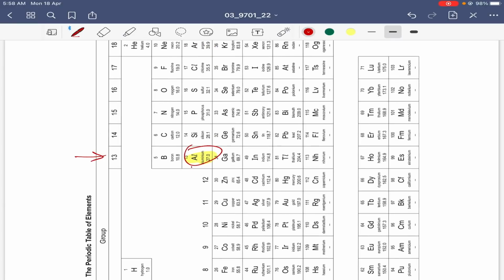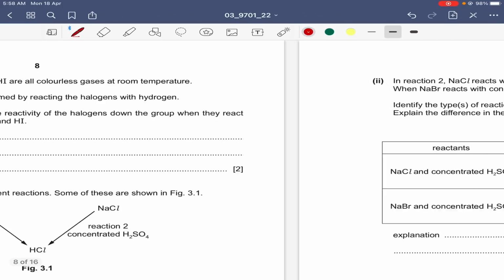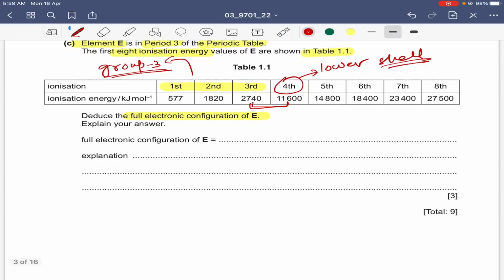So this is aluminum, and aluminum has 13 electrons. So now we have to write the electron configuration for aluminum. The full electronic configuration of aluminum would be 1s2, 2s2, 2p6, 3s2, 3p1. So this would be the electron configuration of aluminum.